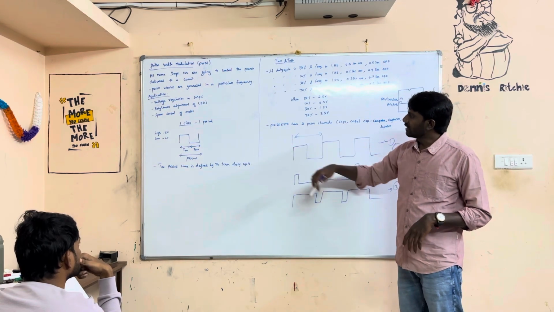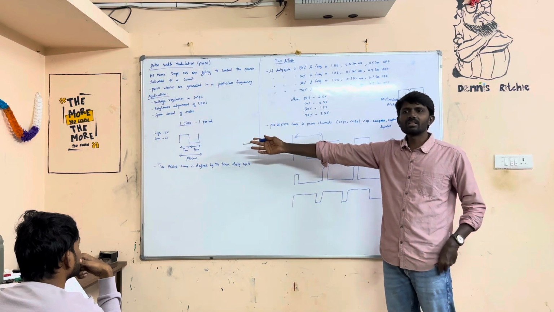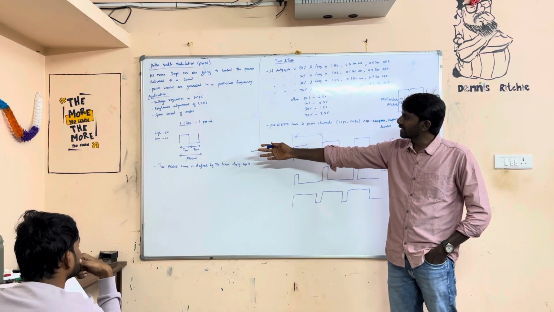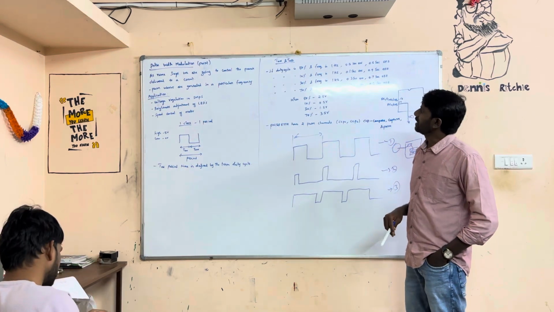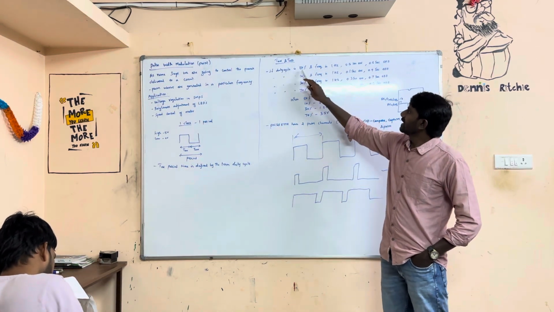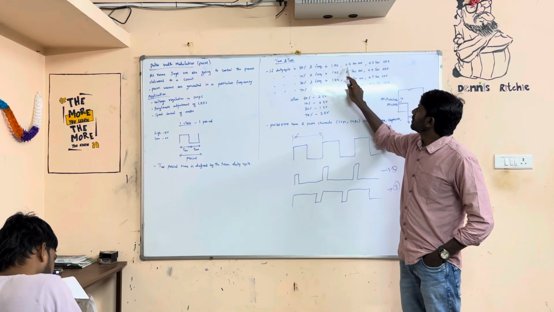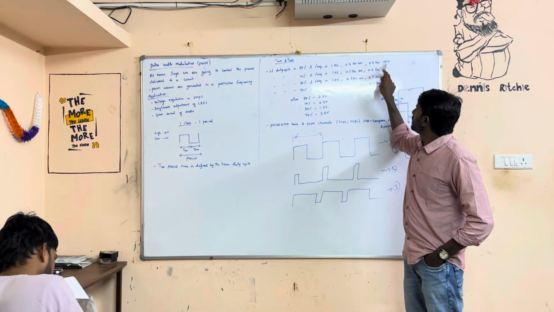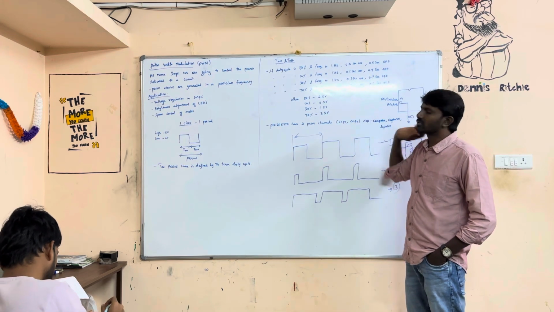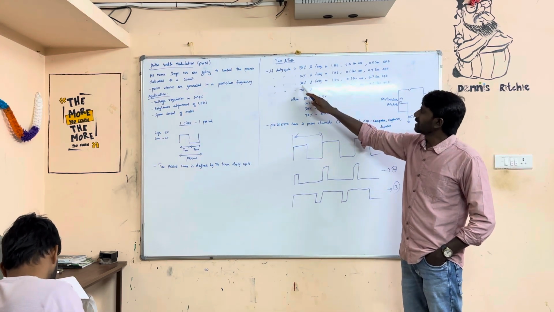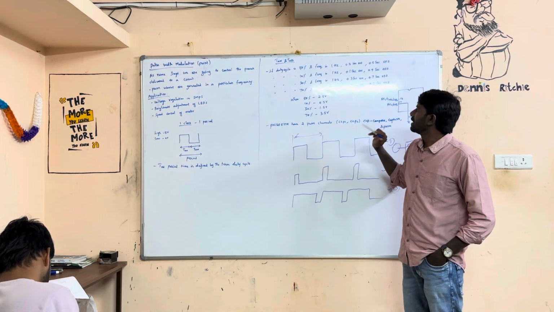Here, one clock period has a T-on and a T-off. The T-on period is called the duty cycle. By controlling the T-on period, the T-off is automatically adjusted. If T-on is 50, then T-off will also be 50. If T-on is changed to 10, then T-off will be 90.